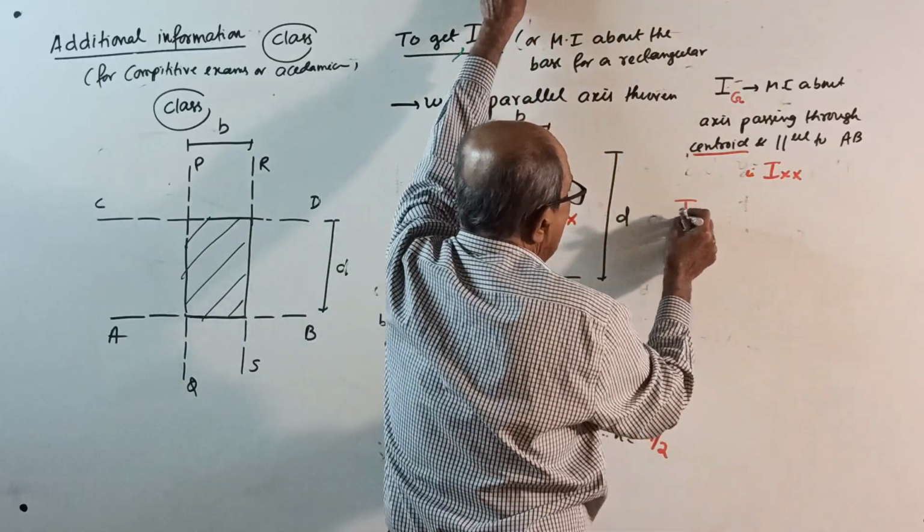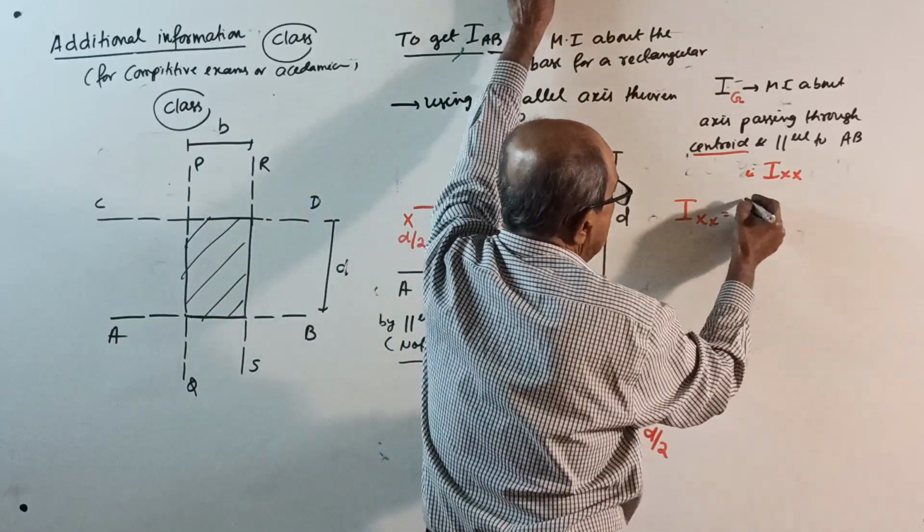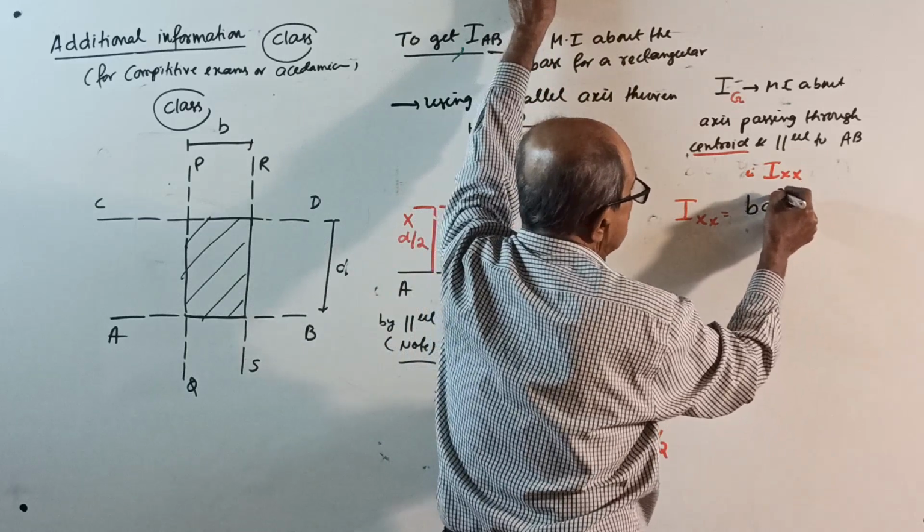We know that I about XX, the standard case, is BD cube by 12. Already proved just now.